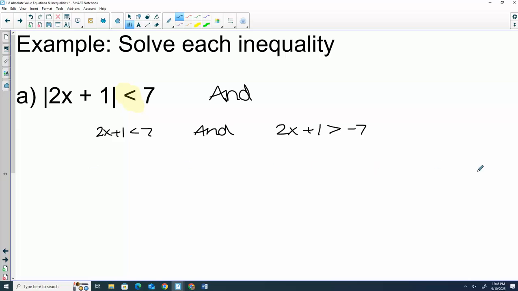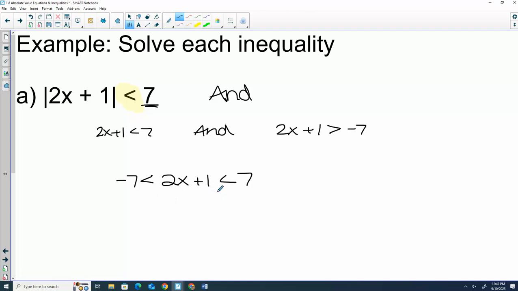So if you want to do it that way, that is totally okay. What I usually do, if it's an and, then I know it's between two numbers. So this is my 7, I'm going to put -7 on the other side and write it as a compound inequality. And you just put that expression in between the positive and the negative. Do you guys have a preference on which way I do all that? Okay. Then I will probably do on all the ands, just make a compound inequality.